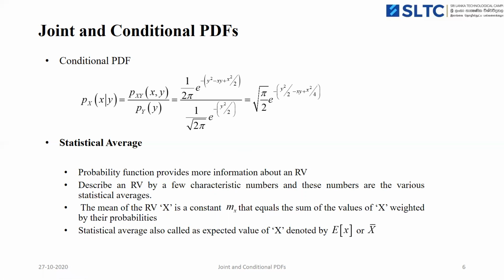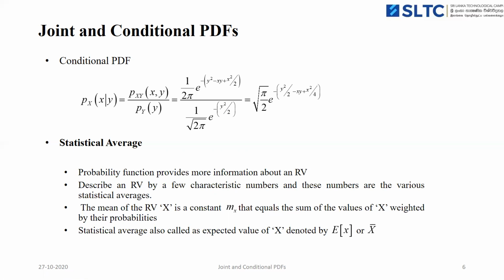Then we'll move on to the next topic in the first unit, that is statistical average. Normally a probability function provides more information about the random variable, like p of x less than or equal to x. That is a probability function.